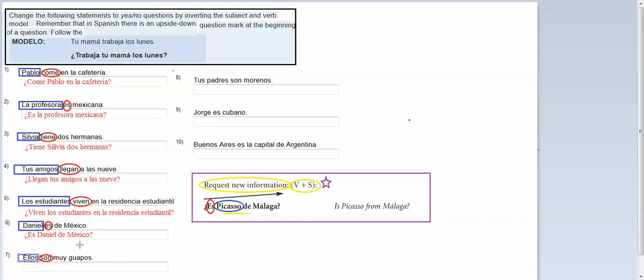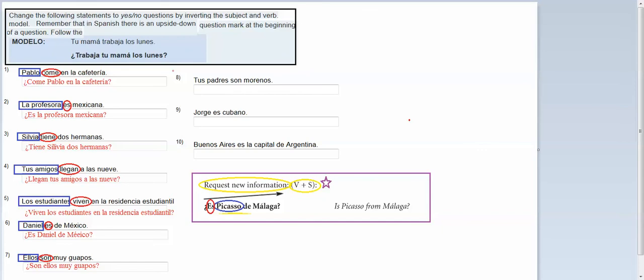Okay, so to change this to a question that requests new information, I'm going to start with my upside down question mark, my verb, my subject, ¿son ellos muy guapos? Okay.